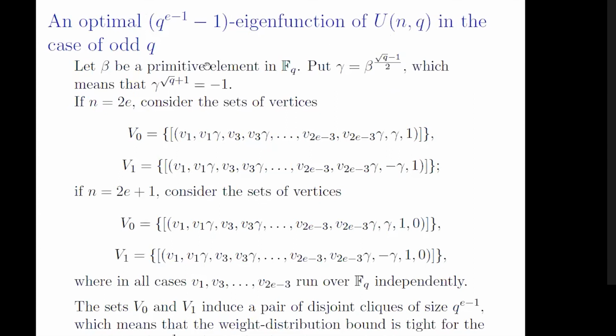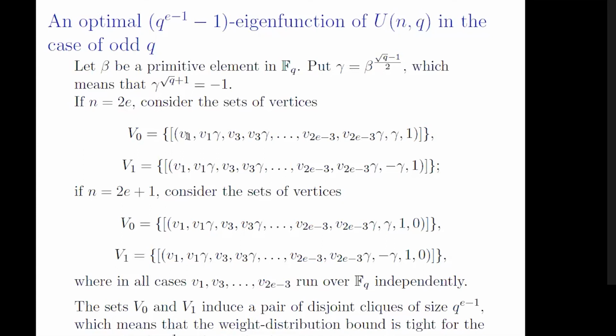Let us start with the case of odd q. Let beta be a primitive element in Fq, and let gamma be the element beta to the power square root of q minus 1 over 2, which means that gamma to the power square root of q plus 1 is minus 1. And consider the following sets of vertices.